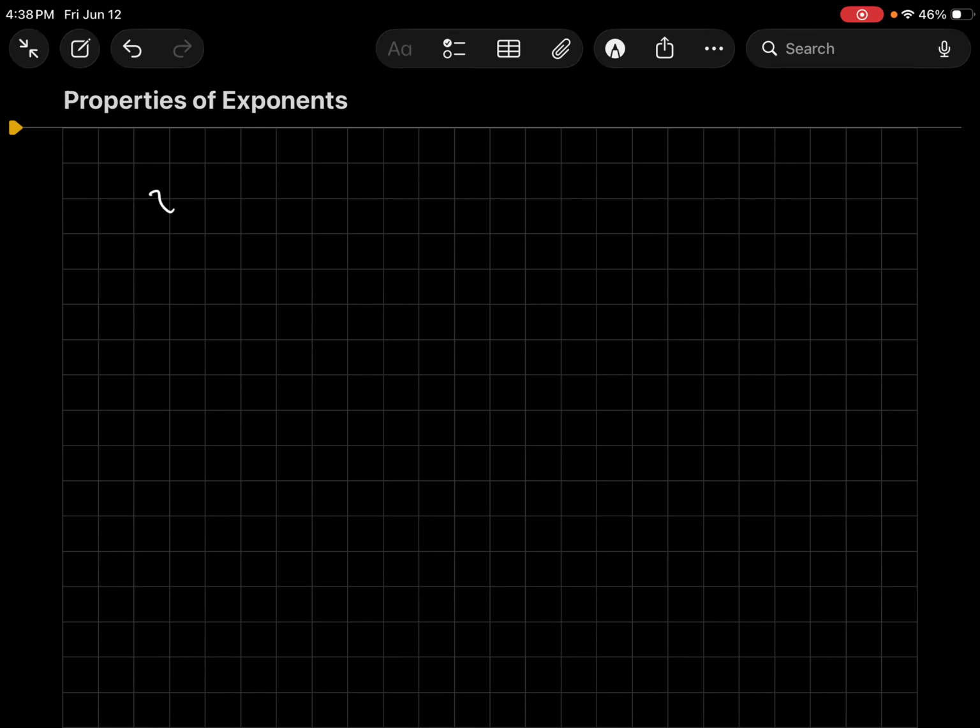Let's say we multiply two things with the same base. So in this case, x is my base, and then each of these x's is raised to some sort of power. Here I'm calling them m and n. Now, what can I do with the exponents?